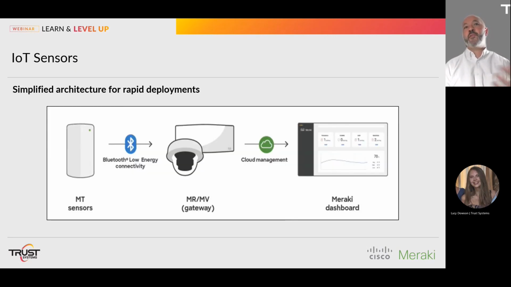And just very simply, as I mentioned on that previous slide, the MT sensors themselves sit as part of the network and are accessed via the gateways that are the MRs and MVs within your network, and connect via Bluetooth, and all that data and powerful information is again delivered back to the Meraki dashboard.